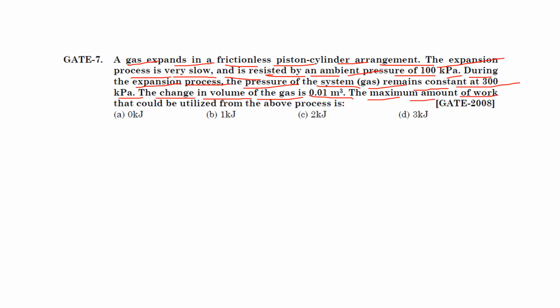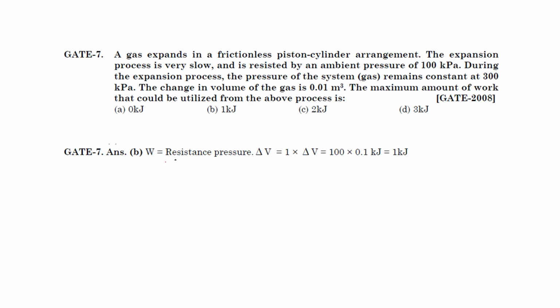The maximum amount of work that could be utilized from the above process. Okay, so work done is PdV, that is resistance force into delta V. So just put whatever is given, pressure and volume, multiply, and you will get 1 kilojoule. This is actually 0.01. Okay, so its answer is B.